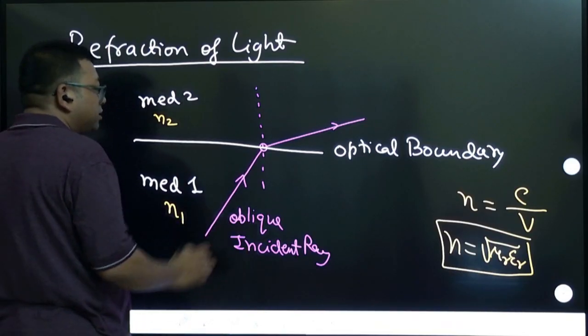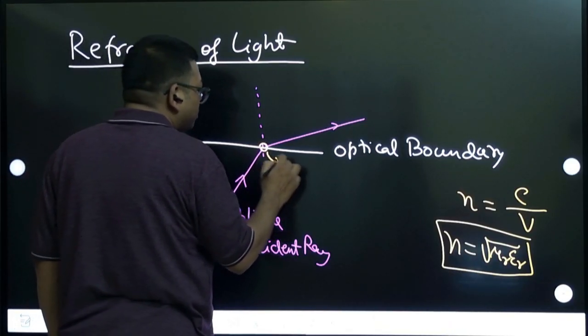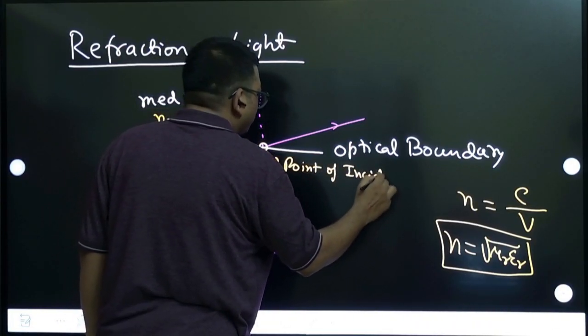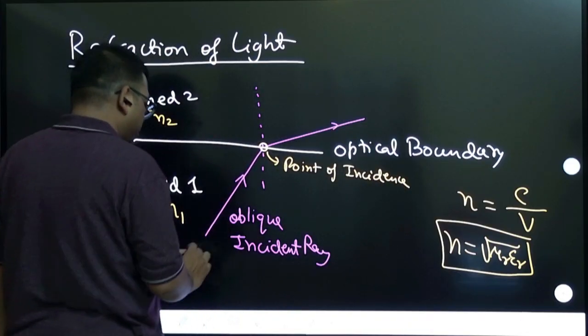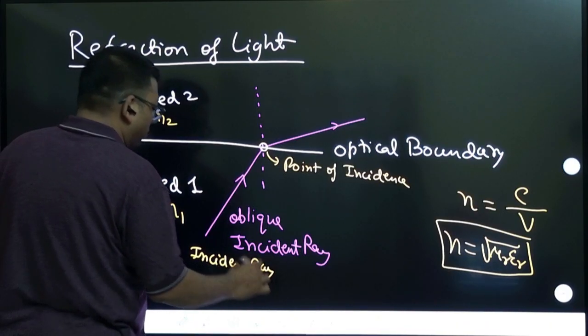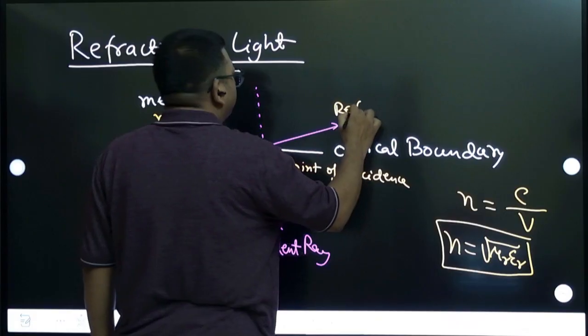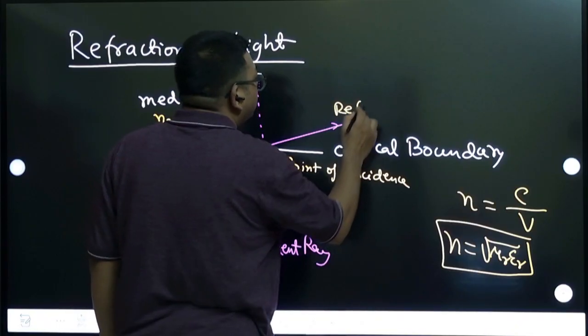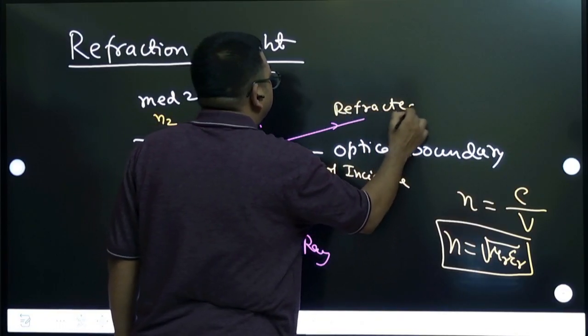Okay, so this point is the point of incidence. This is the incident ray, and this is the reflected ray, and this is the refracted ray.